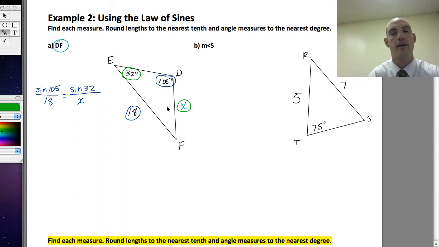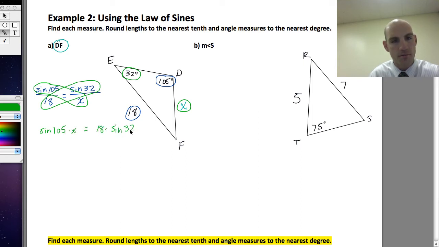We're going to try to find that. This works because there's only one missing value. There's only one x. And so if you look at what happens here, I've got a proportion that I can solve here. So I have sine 105 times x equals 18 times sine 32.